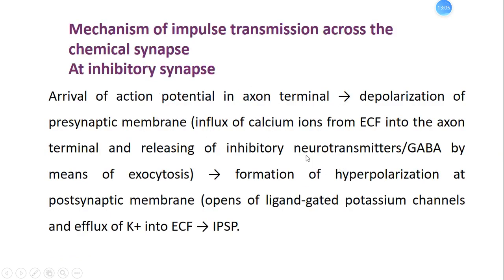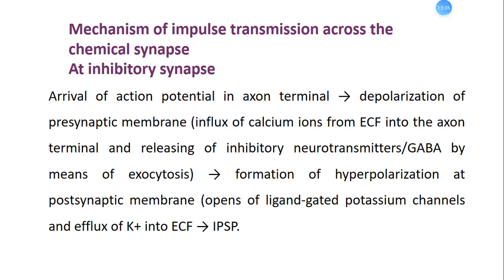For example, GABA. It will produce hyperpolarization at the postsynaptic membrane because it opens ligand-gated potassium channels, and potassium effluxes into the extracellular fluid. Sometimes it is because of the opening of chloride channels and influx of chloride into the neurons.